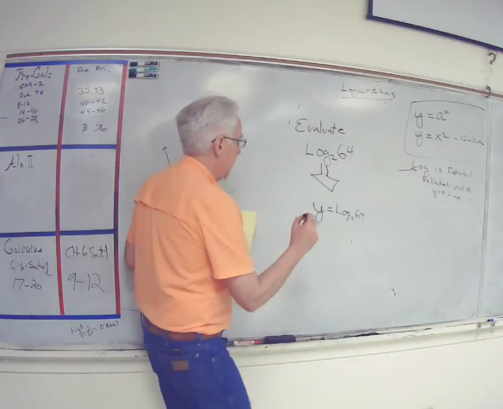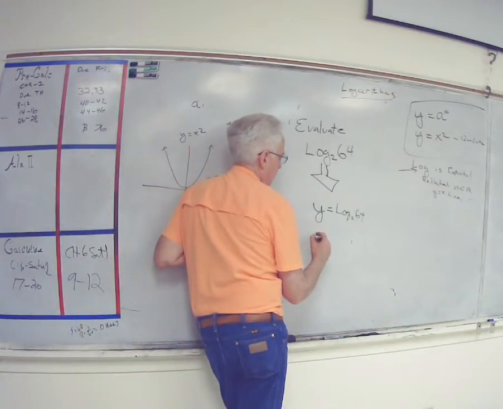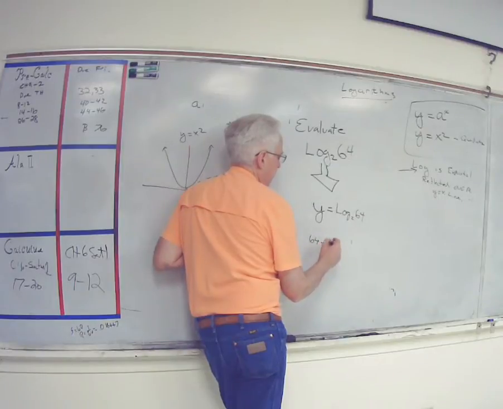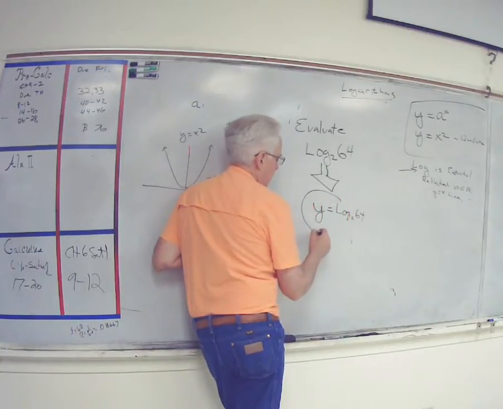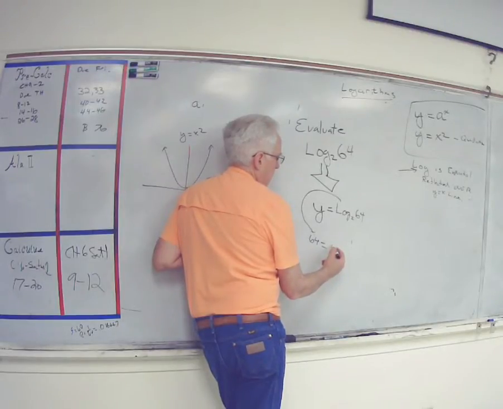Okay, Jaden, can you put that in exponential form for me? Easy. So it would be 64 is equal to 2 to the y.